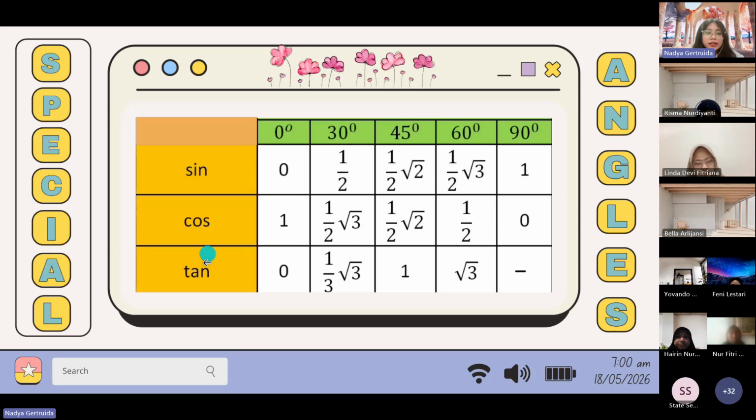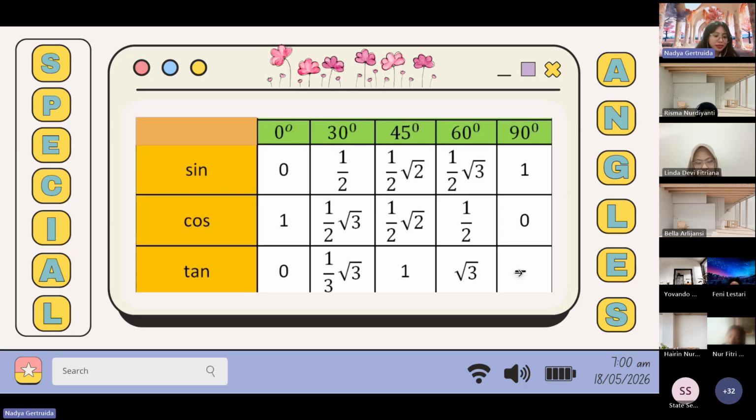The value of sine 90 degrees is 1, and cosine 90 degrees is 0, and tangent 90 degrees is not defined. Because the formula of tangent is sine divided by cosine, so 1 divided by 0 is undefined.